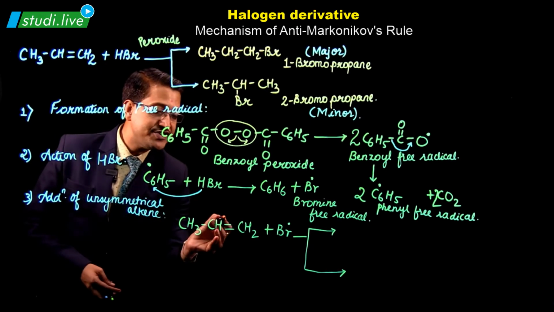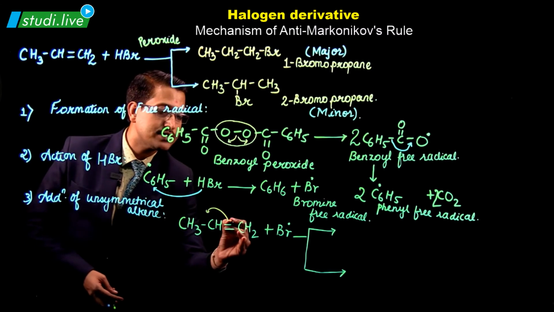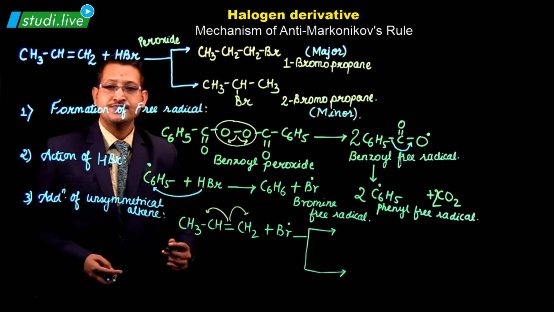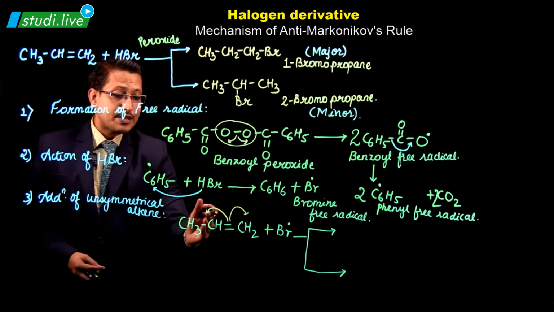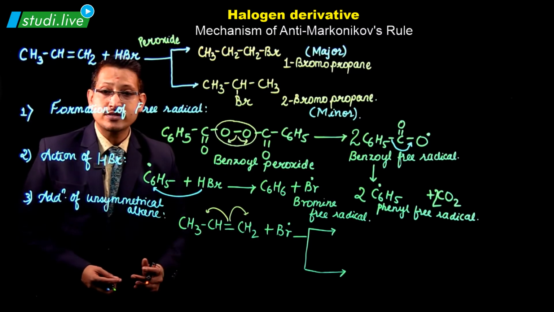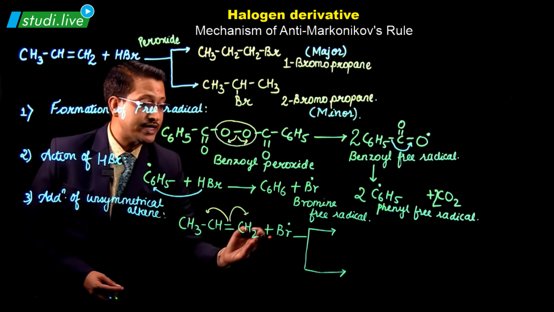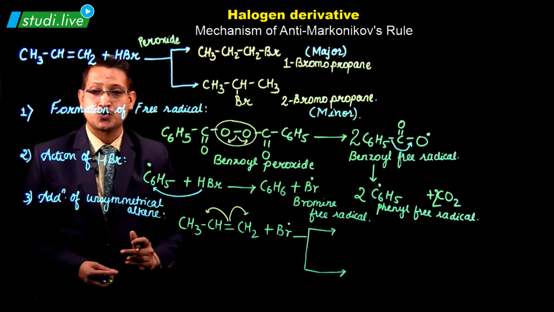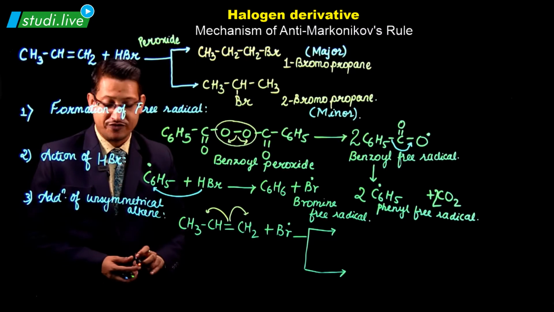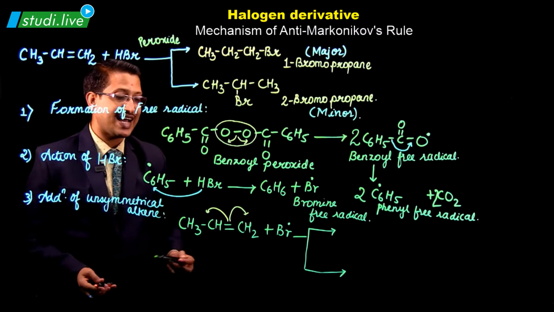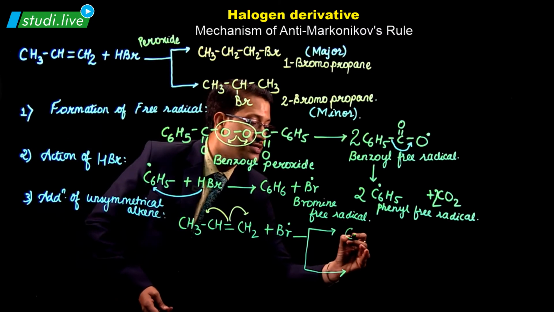Again the homolytic fission taking place here, and this is the separation of electrons. Now when there is separation of electrons taking place here, there are 2 possibilities. Br can get attached here with CH, or the another possibility, Br can get attached with CH2 because of the homolytic bond fission. Now when this happens, what exactly happens here in the reaction?